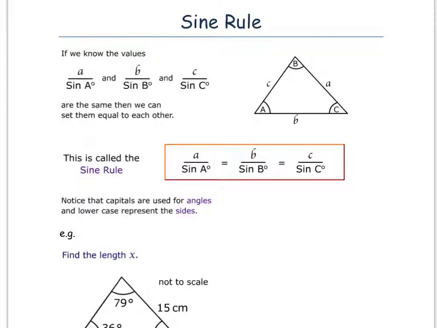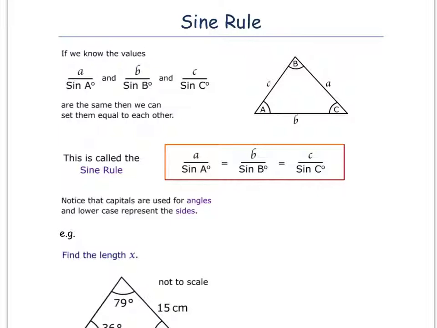Now, the equation you used in GCSE is the one shown: a over sine A is equal to b over sine B, which is equal to c over sine C. When you did it at GCSE, you would have labelled the triangle as shown here, where the capital B, the angle, is opposite the side with the little letter b, and the same with the A's and the C's. What you found, as I said, is that those three bits are equal to each other.